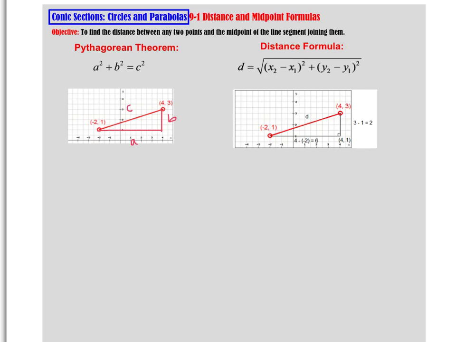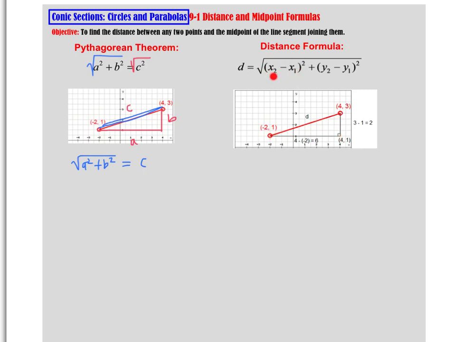Think about if in the Pythagorean theorem, we actually just solved for that length C, meaning the distance between these 2 points. We would just take the square root of both sides of the equation, and we would have that C equals the square root of A squared plus B squared. So the distance formula just gives us a way to represent the lengths of A and B in terms of the points, in terms of the x coordinates.